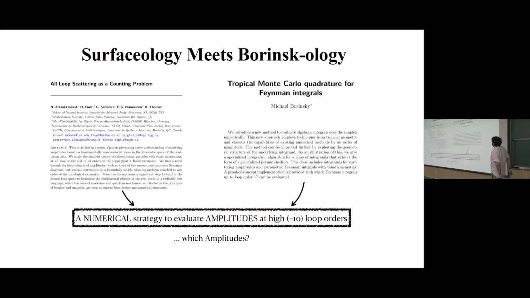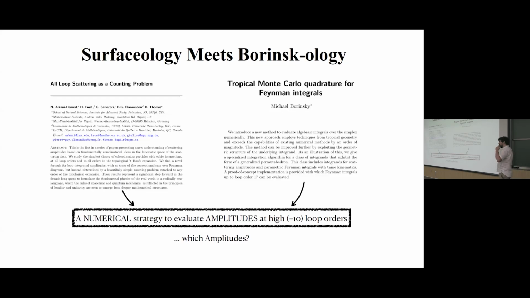The second one is tropical sampling, a technique introduced recently by Michael Borinsky. It is a numerical technique to evaluate integrals by a Monte Carlo strategy that is made much more efficient using certain ideas from tropical geometry. So putting together these two ideas, what we get is a numerical strategy to evaluate scattering amplitudes, entire scattering amplitudes, not just individual diagrams, at very high loop orders, let's say at 10 loop orders.